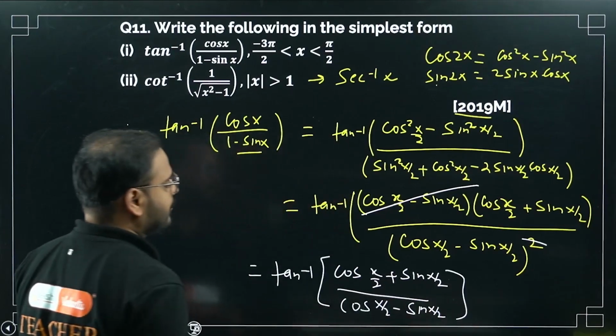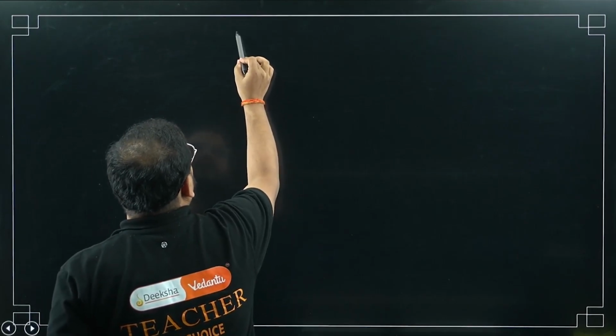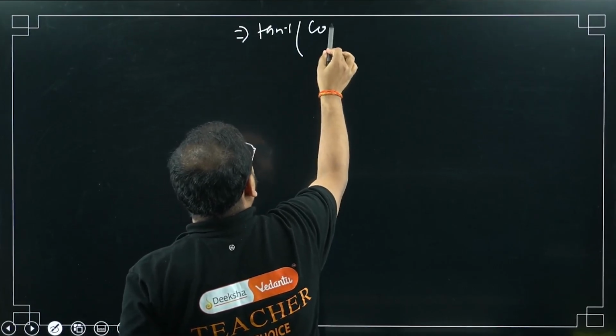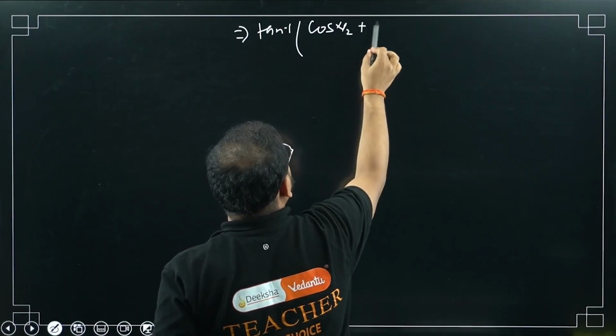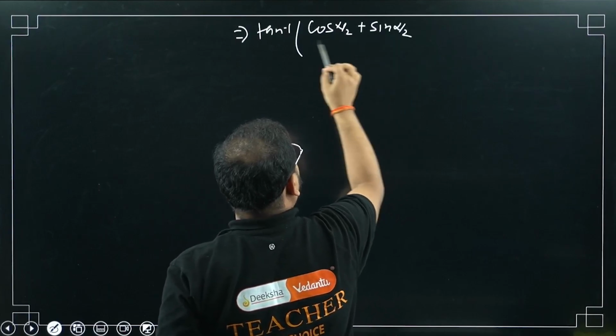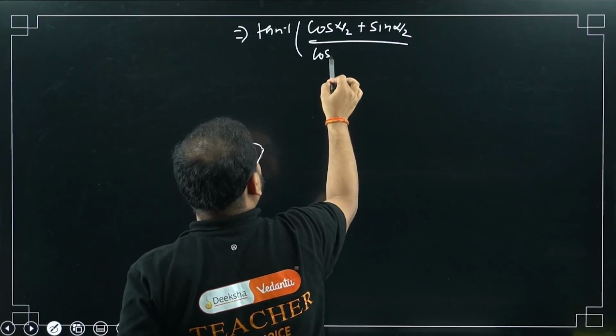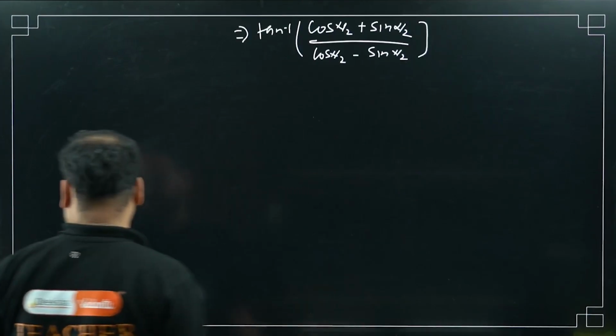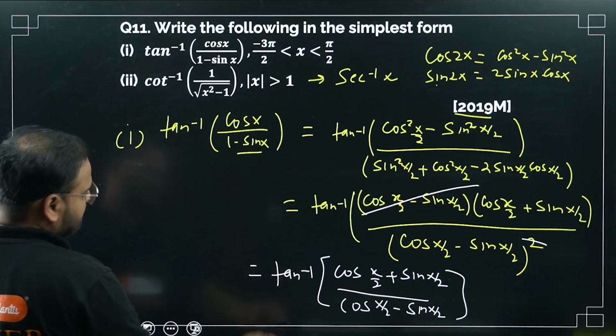Okay, correct? Now let me write it over here on the next slide. So what I have so far: tan inverse of cos x by 2 plus sin x by 2 upon cos x by 2 minus sin x by 2. Have a look. Yes, the same thing is written over there.